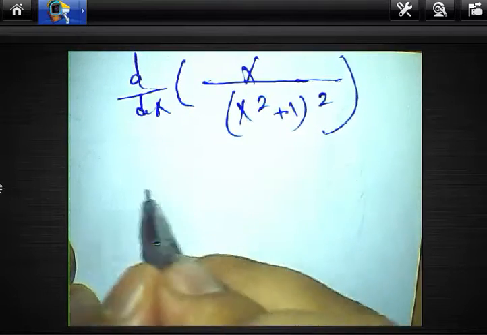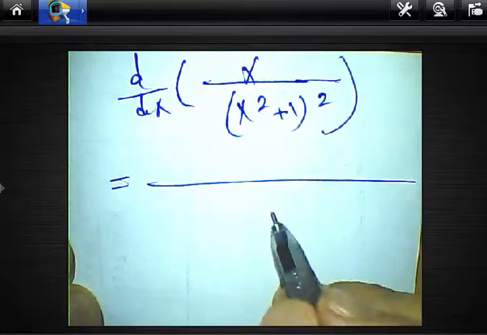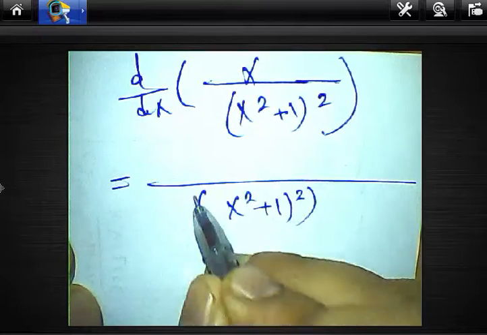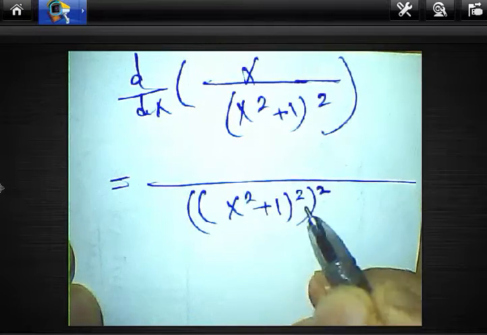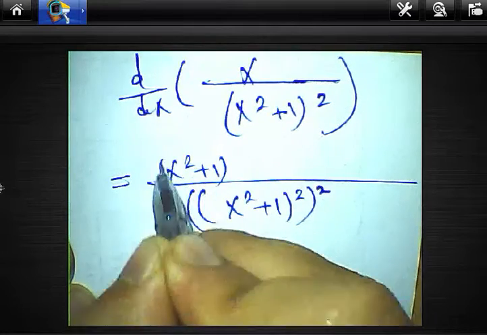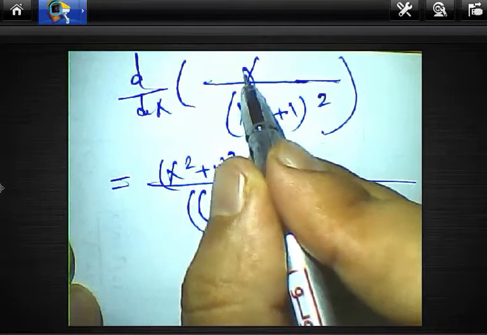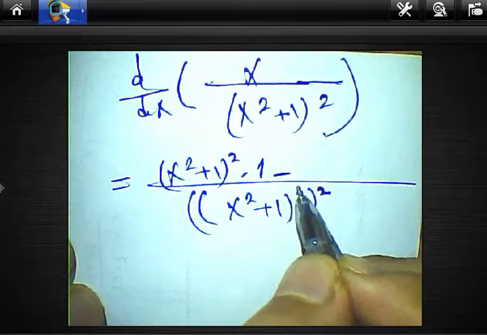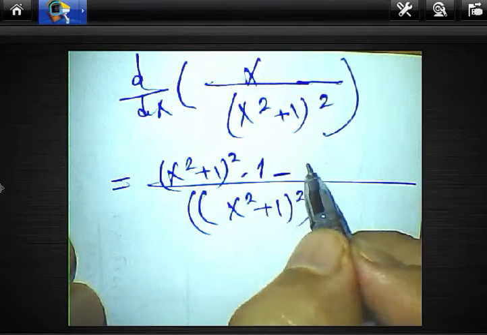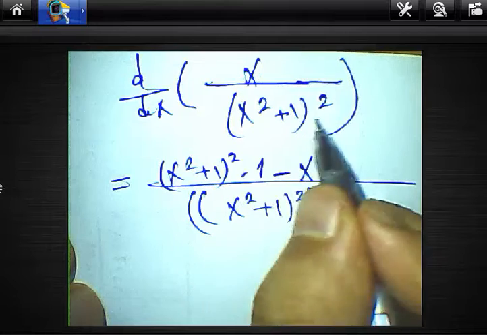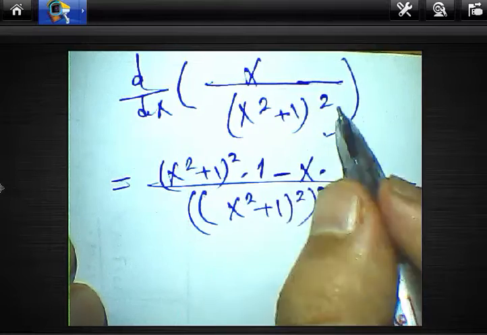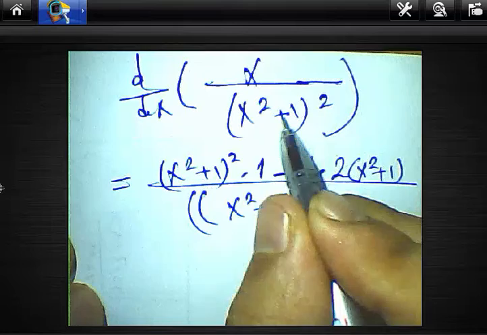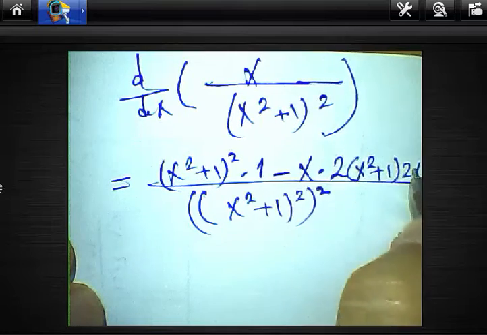Using the quotient rule, we write x power 2 plus 1 power 2 all power 2 in the denominator, and write in the numerator x power 2 plus 1 power 2 multiplied by the derivative of x, which is 1, subtract x multiplied by the derivative of the denominator: drop this power, x power 2 plus 1 multiplied by the derivative of x power 2, which equals 2x.